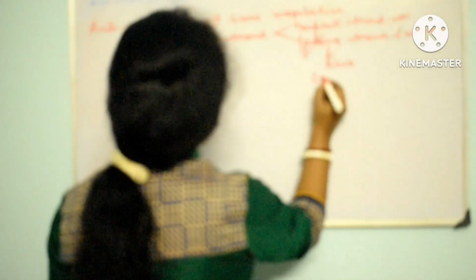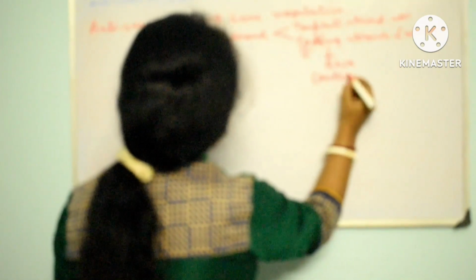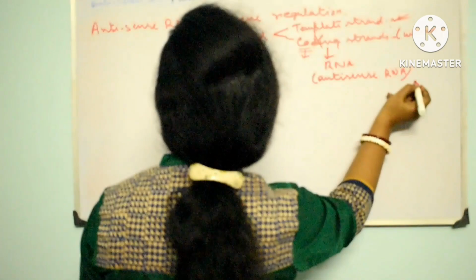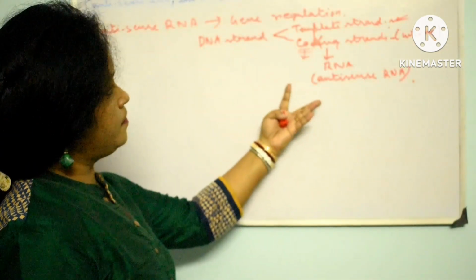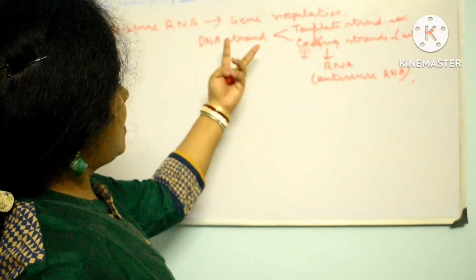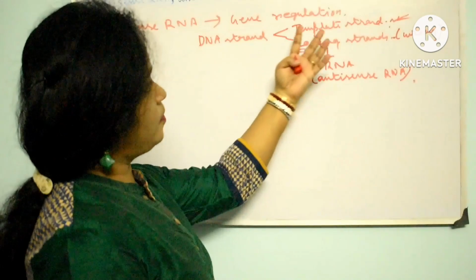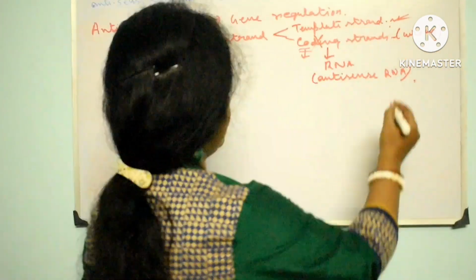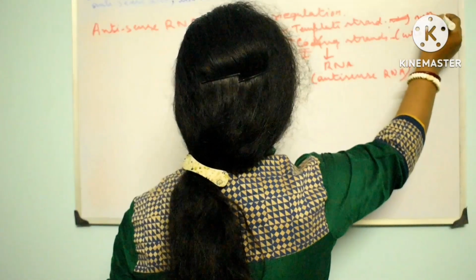This RNA is called antisense RNA. Is it very clear? So antisense RNA is synthesized from the coding strand, the wrong strand of the DNA duplex, not from the template strand from which mRNA is usually transcribed.